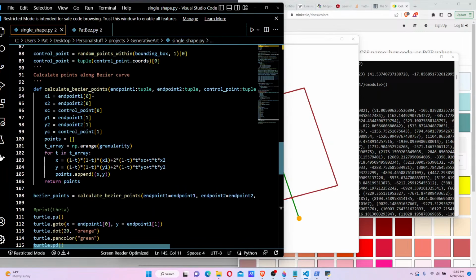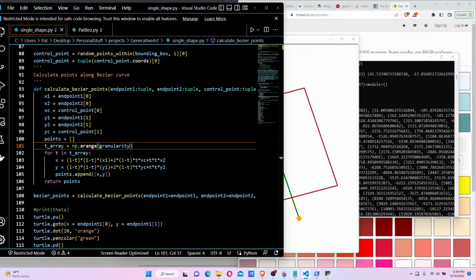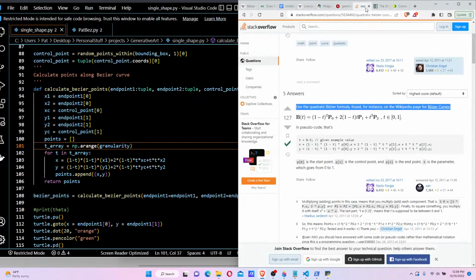Calculate Bezier points. x1 equals n.1 of 0. Okay. T array equals np.arange. Granularity, 1 minus t times 1 minus t times x1 plus 2. Just gonna double check the equation to make sure that's right. 1 minus t.